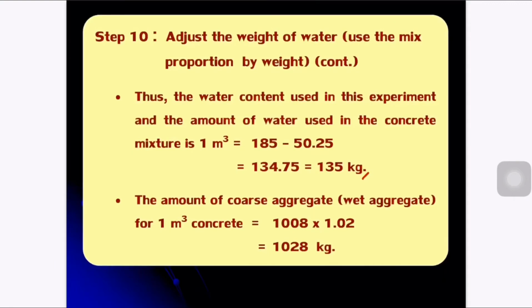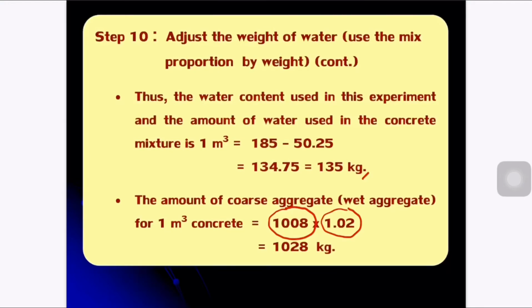After we know the water content in the mix proportion, we must find the amount of coarse aggregate in wet condition. For the quantity of coarse aggregate in wet condition, calculate from the dry weight of coarse aggregate multiplied by 1.02. 1.02 comes from 2% water content.